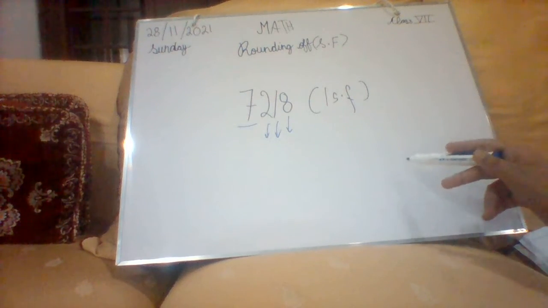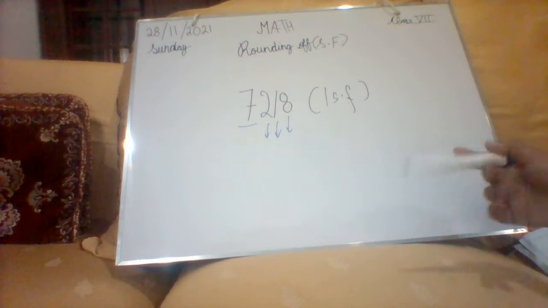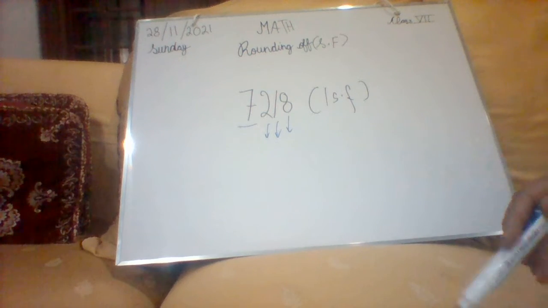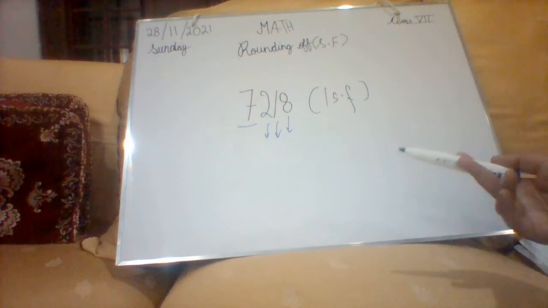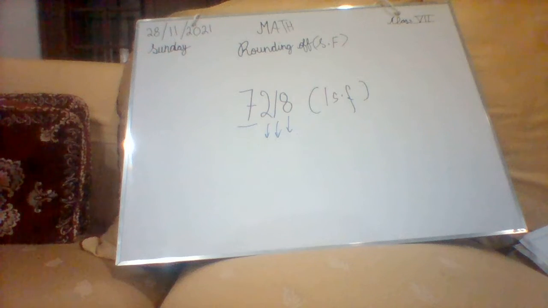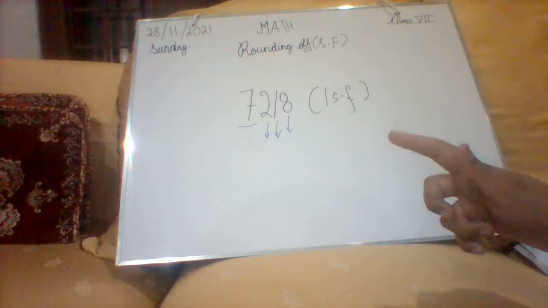If it is less than 5, we can drop it directly, and if it is 5 or more, we carry 1, so we add 1 to 7.